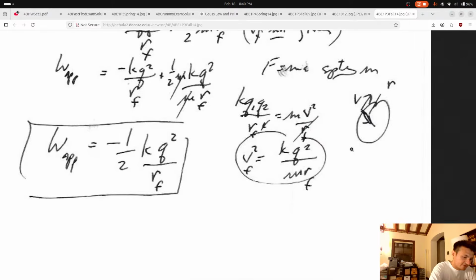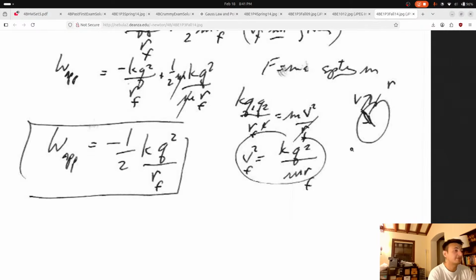Yeah, we have F equals ma. The acceleration is not 0. Oh yeah, so we just have kq squared over rf squared is equal to mass times acceleration, which is going to be mv squared over rf. So this goes away, this goes away.